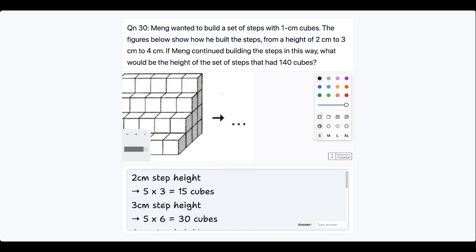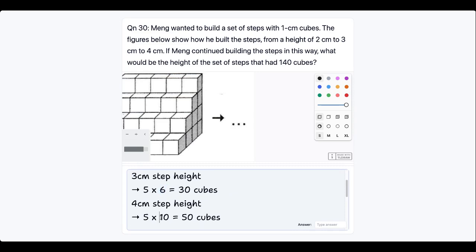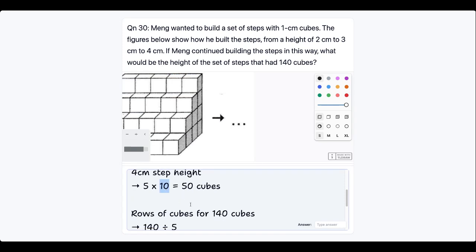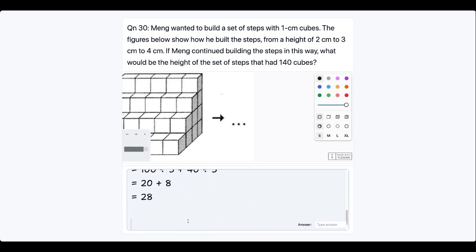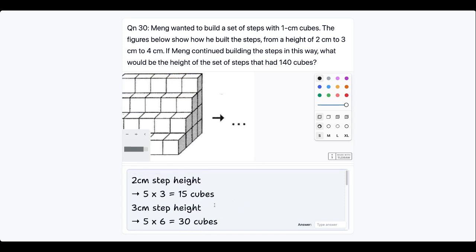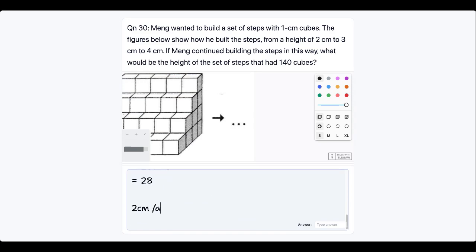So now we need to figure out the pattern 3, 6, and then 10. So the pattern over here is, right, in this case, 2 centimeters is 3, 3 centimeters is 6, 4 centimeters is 10.